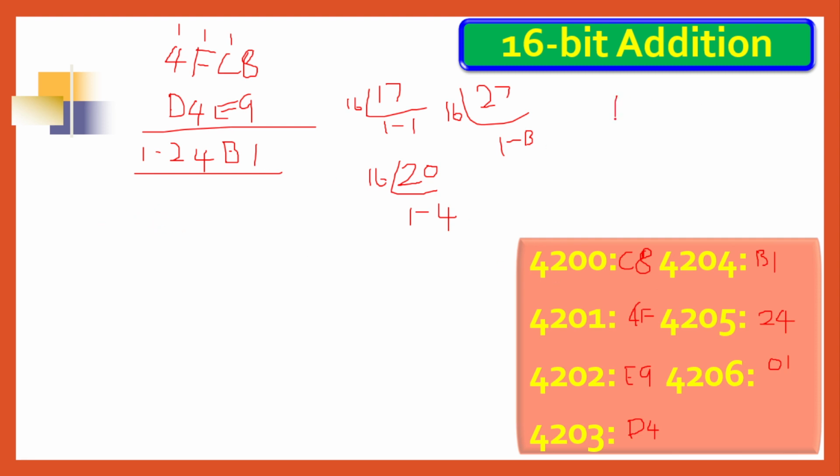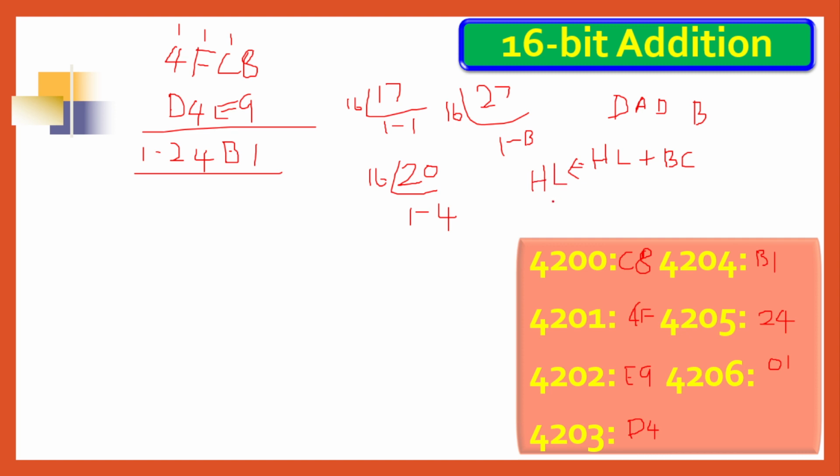Before the program, we should know about the instruction DAD, double addition with a register pair. Here the register pairs available are HL, BC, DE, only three register pairs. For example, I am going to add with B: DAD B means the HL pair plus the BC pair will be added, and the answer will be updated in the HL pair.